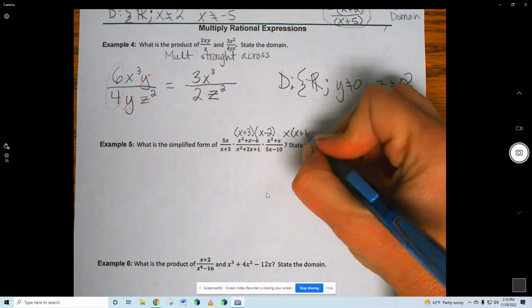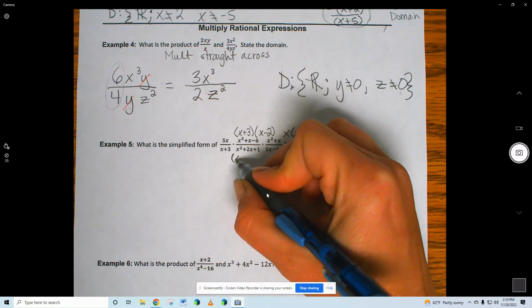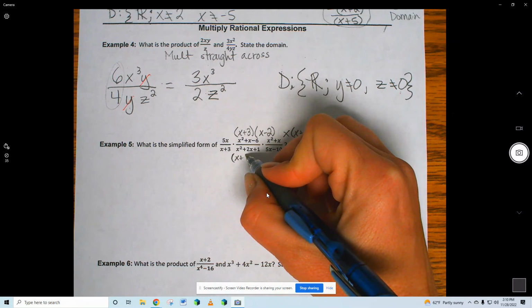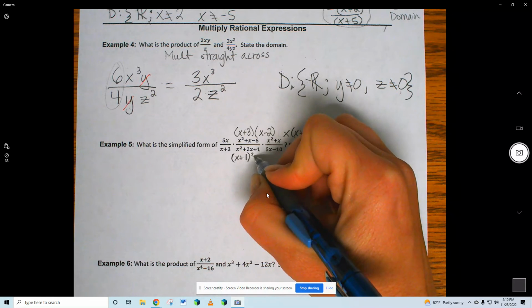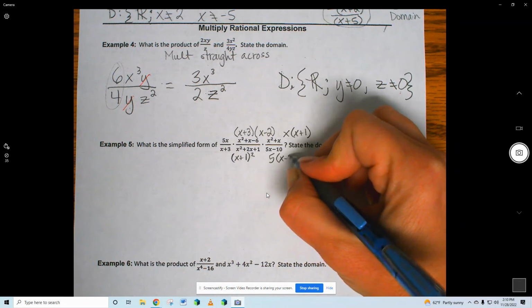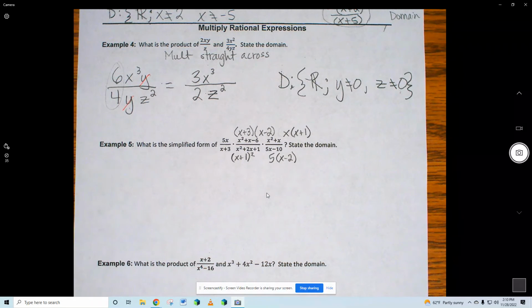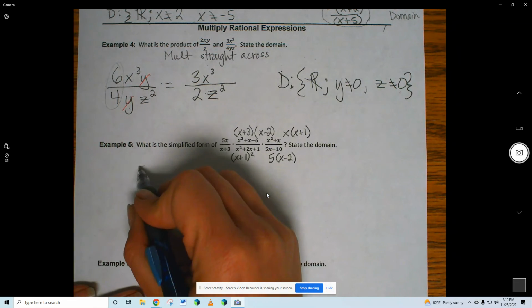So I did GCF on the third fraction. Okay. There's lots happening here. Check mine with yours. Here's what I have.